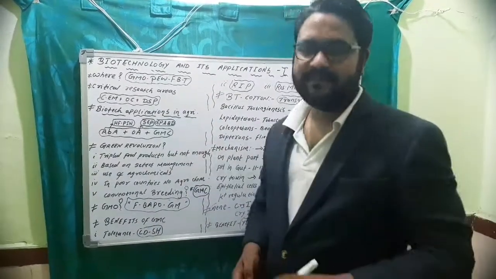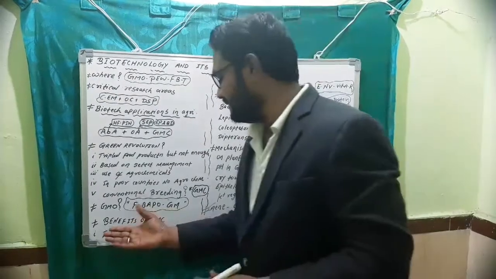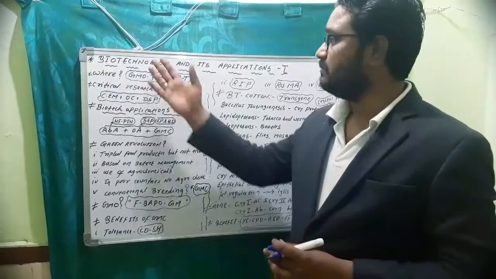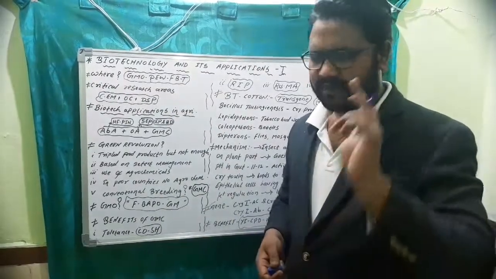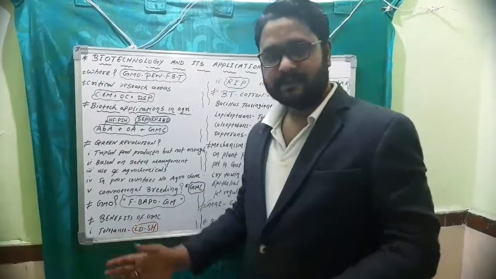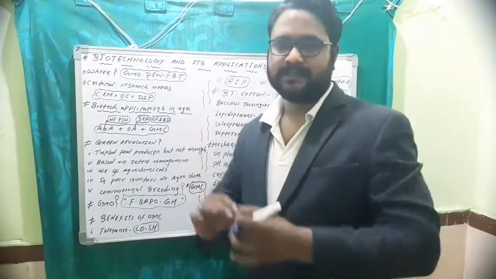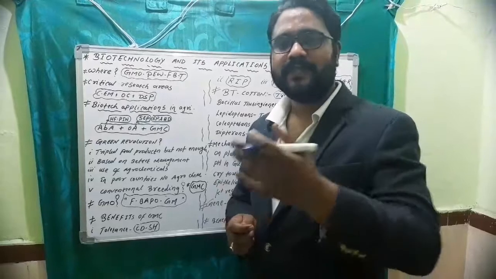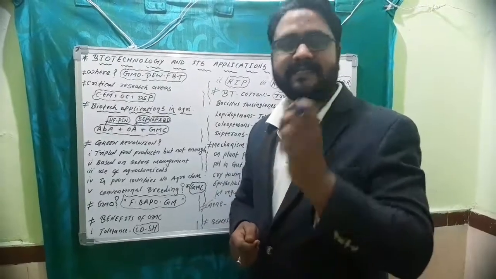Now what benefits do we get if we have genetically modified crops in agriculture by using biotechnological practices? First of all, it gives the crop tolerance. Tolerance means resistance, the ability to withstand extreme conditions.